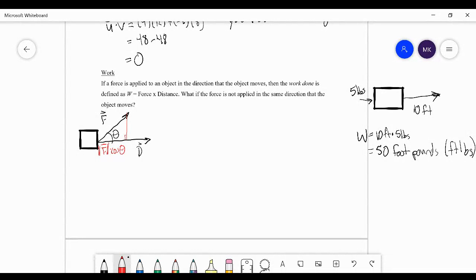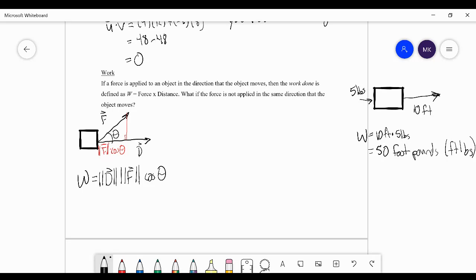So that means the work being done here is the magnitude of the distance we are moving, because that's how far it moved, times the magnitude of the force vector times cosine theta.